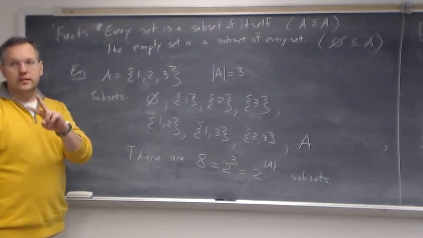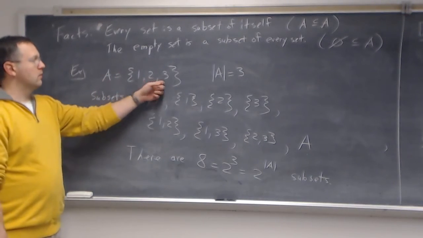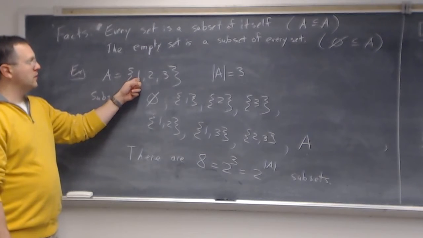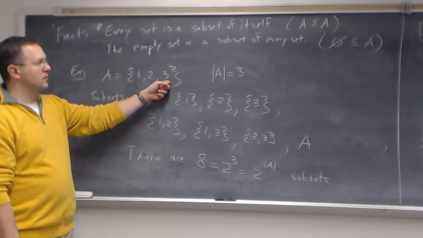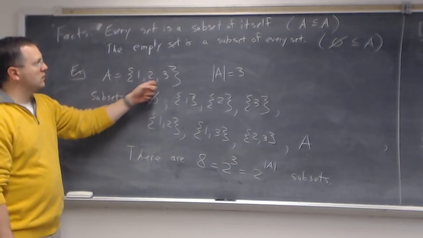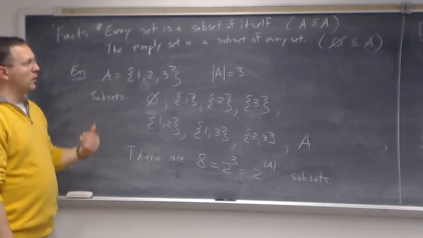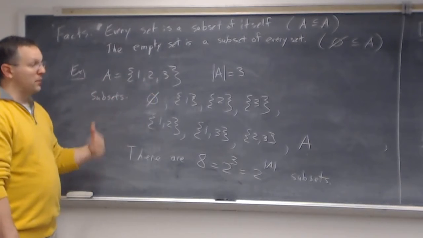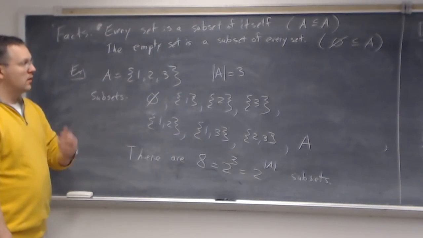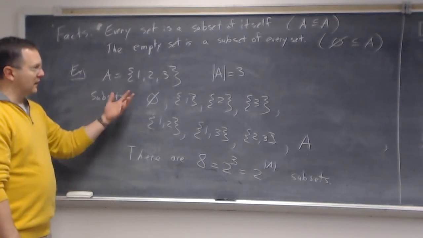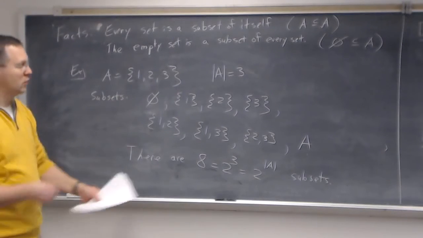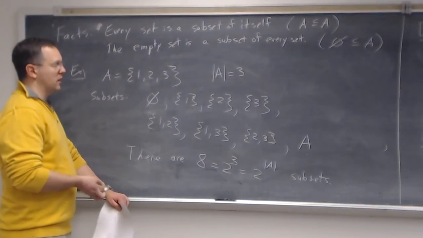So I have 2 choices for each element. I can choose in or out, in or out, in or out. When I make those choices, you can multiply the number of choices together, and you end up with 2 times 2 times 2 possible choices for subsets. So that's how you get 2 to the power 3 subsets.